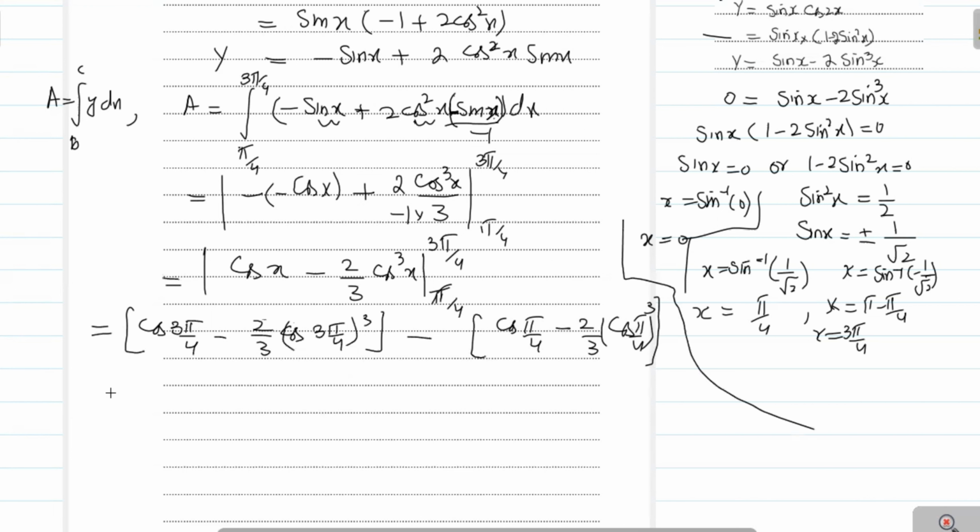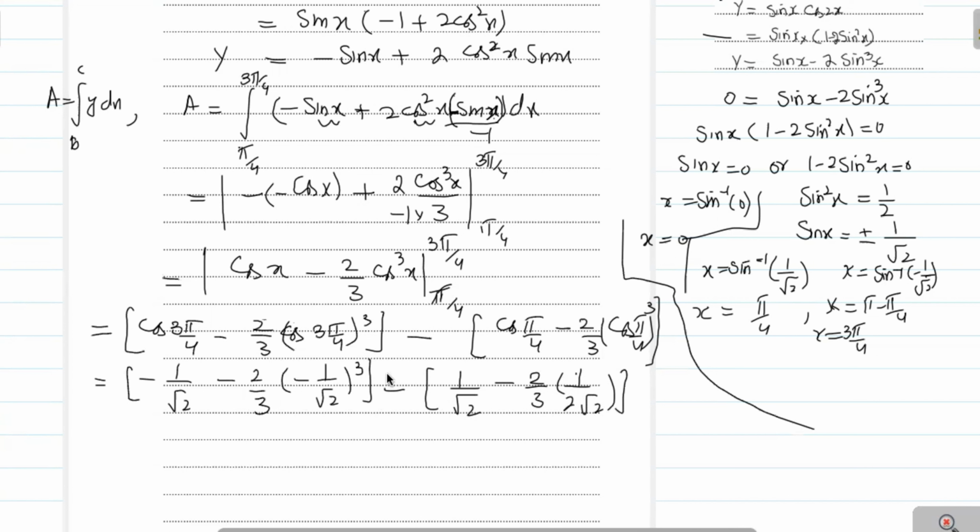Now cos 3 pi over 4 is minus 1 over square root 2, minus 2 over 3 as it is, minus 1 over square root 2 whole cube, and this minus is written as it is, cos pi over 4 is 1 over square root 2, and minus 2 over 3 cos pi over 4 cube will be equal to 1 over 2 square root 2.